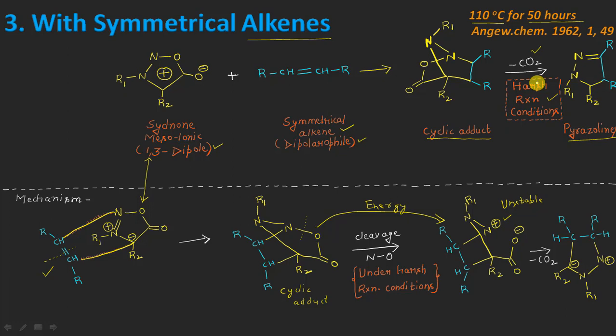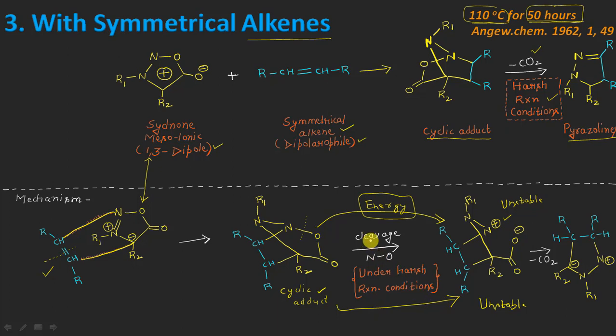So whatever energy is required for the formation of this type of unstable structure starting from something stable, I mean this cyclic adduct, will be compensated by this much energy that is being provided by this much heat for this much time, right? So although the positive charge here was unstable, still the reaction is going on in this direction because of a lot of energy which is being provided to this reaction here, right?